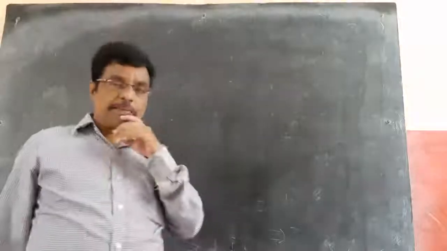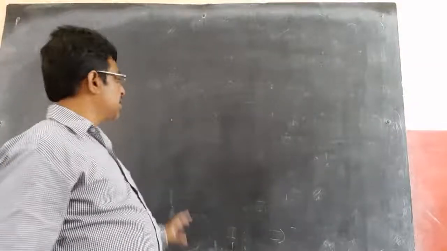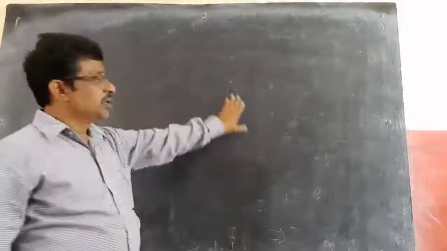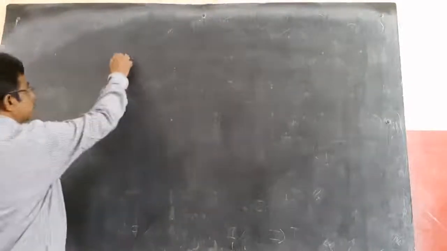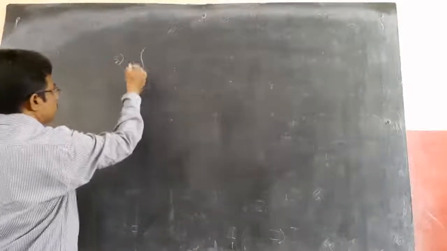Next, two more properties using the third property and fourth property we will derive. So, fifth property. What is the fifth property?